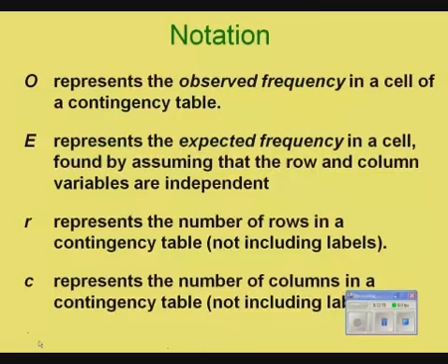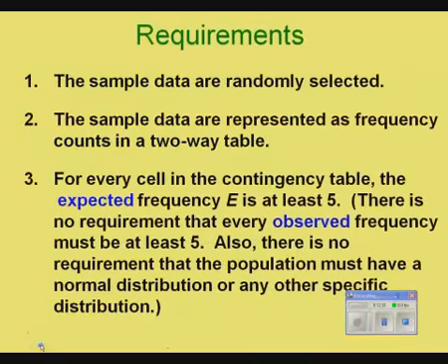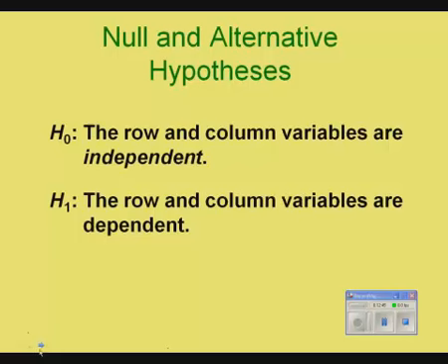Okay, notation. I don't think we have to write anything down here. Well, okay. Your book uses R and C for rows and columns. To me, that's pretty easy. There are requirements. Hey, these are the same as the section we just did. Okay, cool. There's a null hypothesis and an alternative hypothesis.